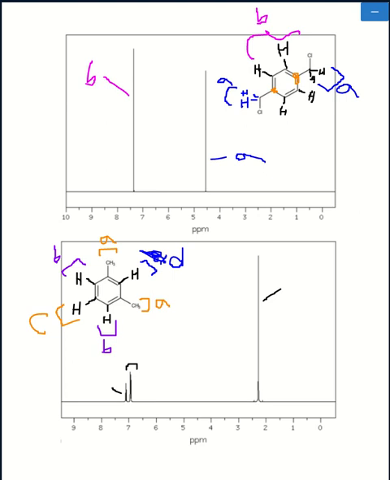Therefore, if we have 4 unique hydrogen environments on paper, but there are only 3 peaks, that implies that 2 of them are similar enough that they essentially are overlapping. And you will have examples where you might actually see that later. Well, I'm just going to solve this one just to show what happens if you infer that two of those hydrogen environments in the structure actually show up in the same place.